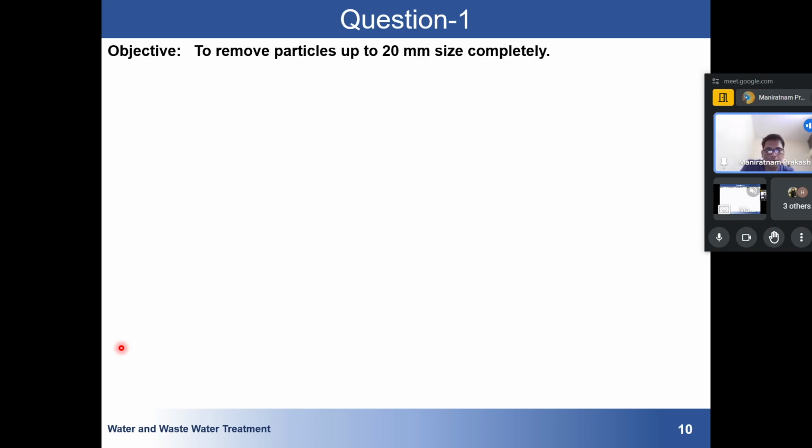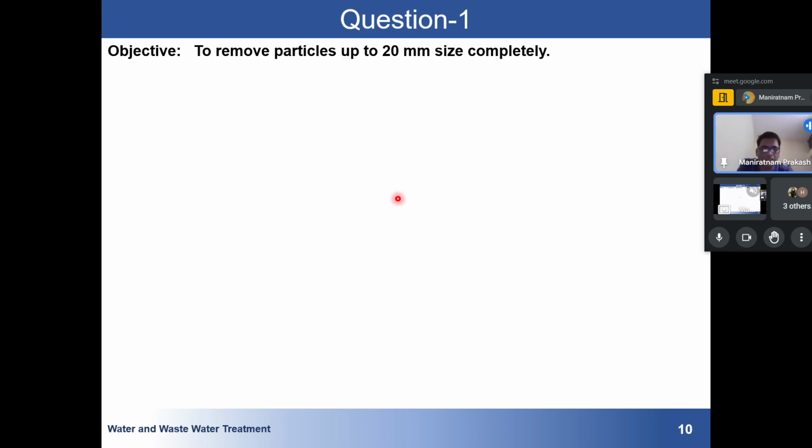Remember, whenever we design, there should be some objective. During the design of our primary sedimentation tank, our objective is to remove the particles that are up to 20 size, and I have to remove those particles completely from my water. So this is the objective of the primary sedimentation tank. Why not below that?